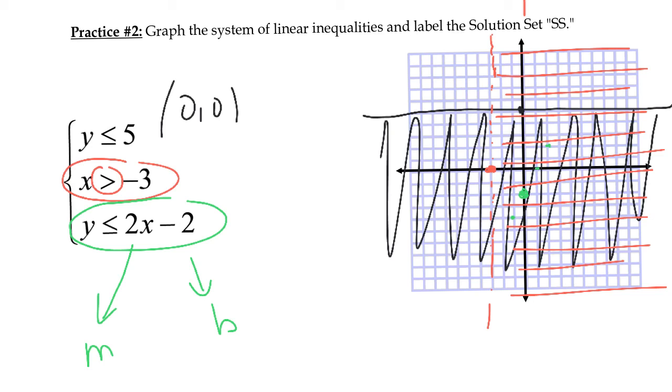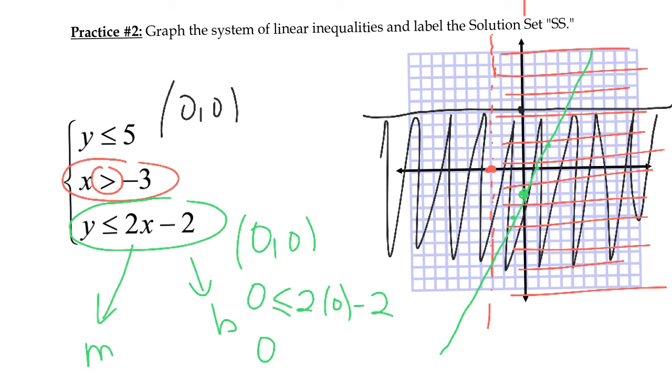Okay, so the three green dots, what I will do is draw a solid line through the green dots. Okay, and what do I shade? Let's test 0 comma 0. So x is 0, y is 0. So 0 is less than or equal to 2 times 0 minus 2. So 0 is less than or equal to negative 2.